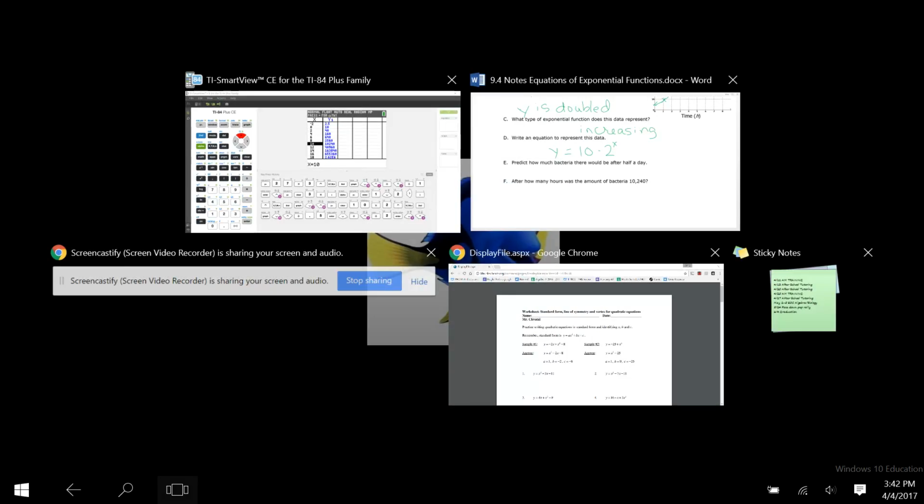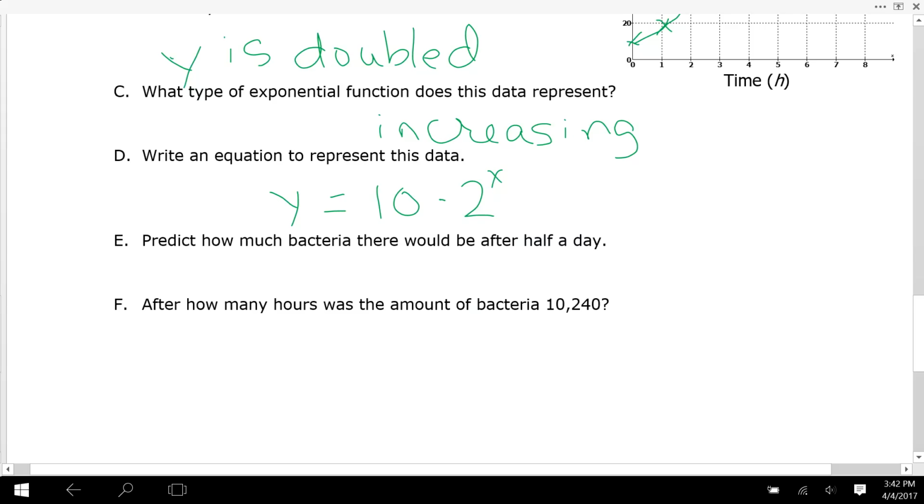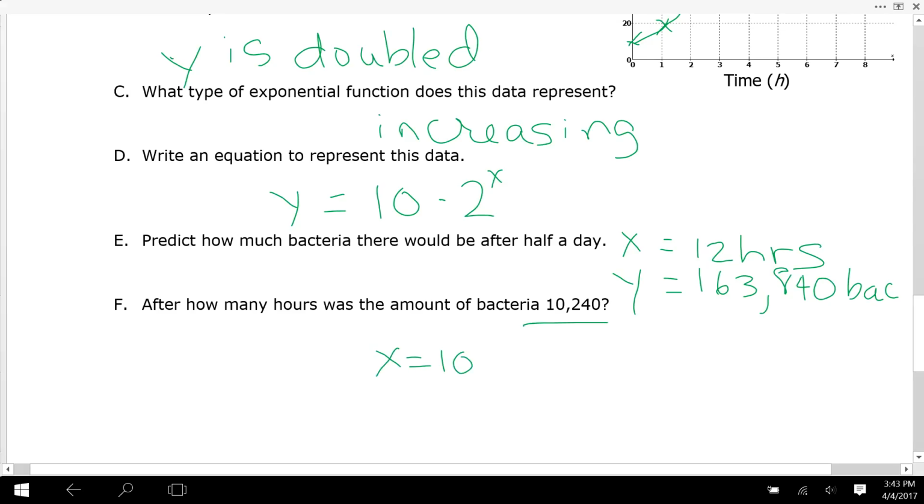So back to my worksheet. Half a day, we're going to say is 12 hours. So y equals 163,840 bacteria. And for this bacteria, x would be 10 hours.